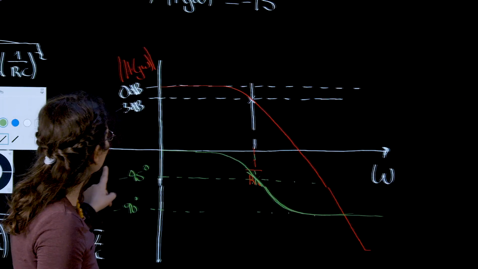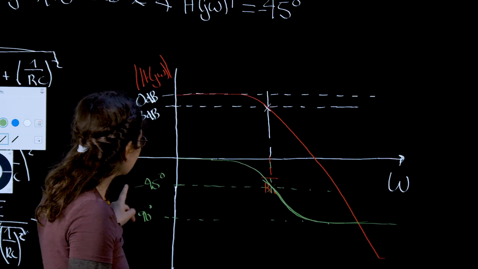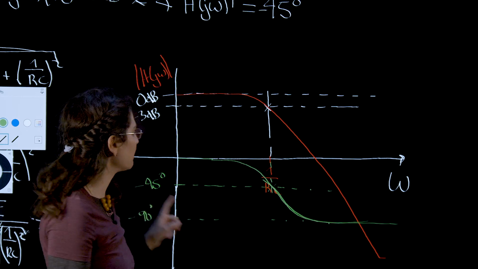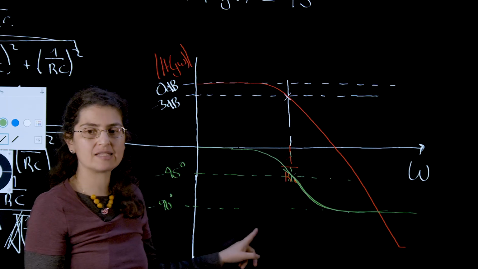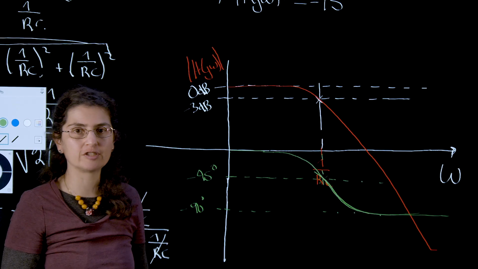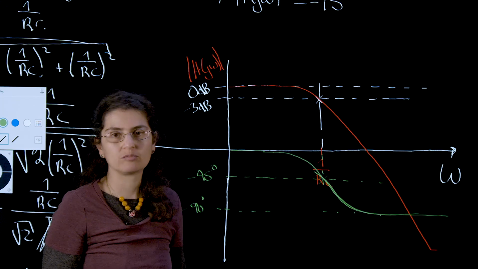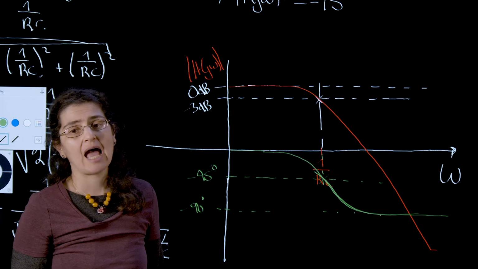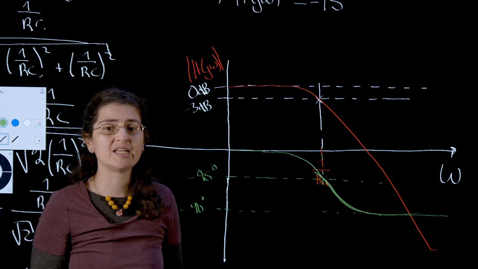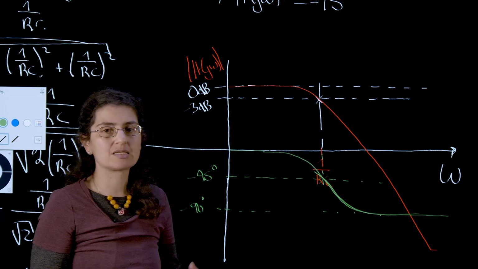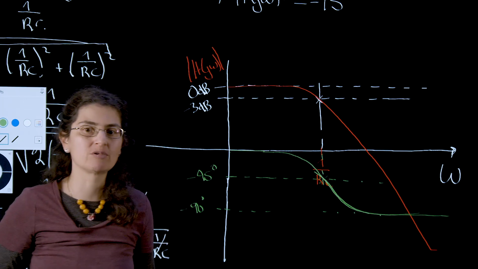This is useful because one very useful application of this circuit is an anti-aliasing filter in audio applications. If we want to record a signal and save it in the computer, we need to sample it, and to sample it, we need a sampling frequency.